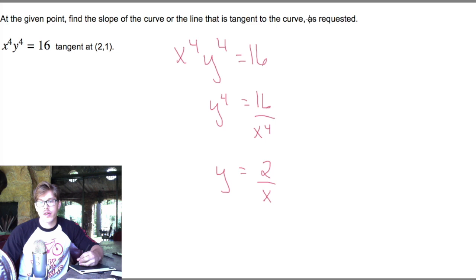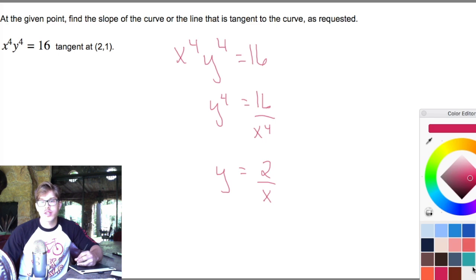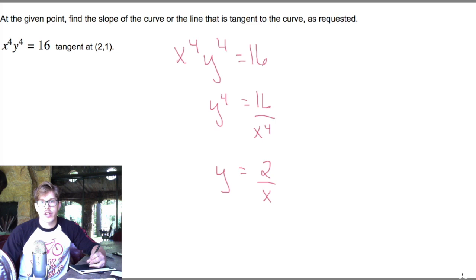So we have our function y equals 2 over x. So let's find the derivative of y equals what? Well, 2 over x, this is the same thing as 2 times x to the minus 1.